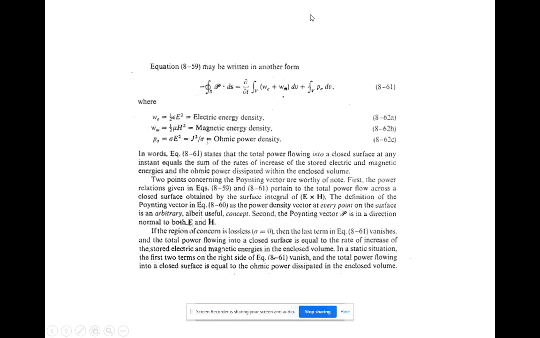Because sigma is zero, the ohmic power will be omitted, becoming 0 in this lossless medium. You will be getting only these two terms, the electric field and magnetic field energy densities. So the total power is based on the energy present in the electric and magnetic fields in the closed volume, which happens in the lossless medium.